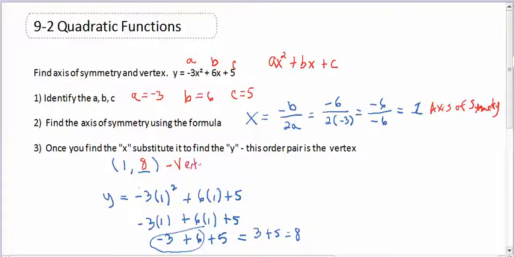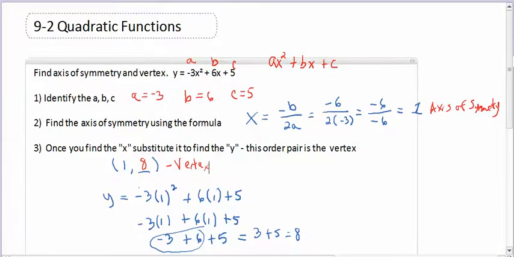So part of your homework is going to ask you to find the axis of symmetry and to find the coordinates of the vertex, and that's what we just did. Okay, so you use negative b over 2a, find out what your x is, plug your x into your equation, and then solve for y. Okay, so that's how that is.